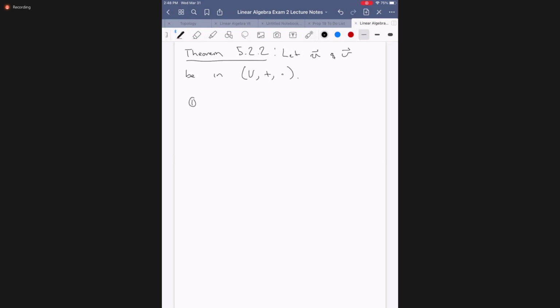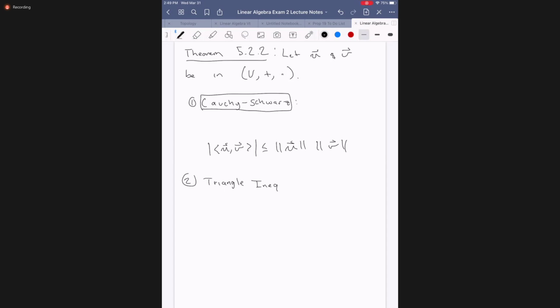Then we have these things. We have the Cauchy-Schwarz inequality. Remember Cauchy-Schwarz in Euclidean space? Well, we have the same thing here. The absolute value of the inner product of U and V is always less than or equal to the norm of U times the norm of V.